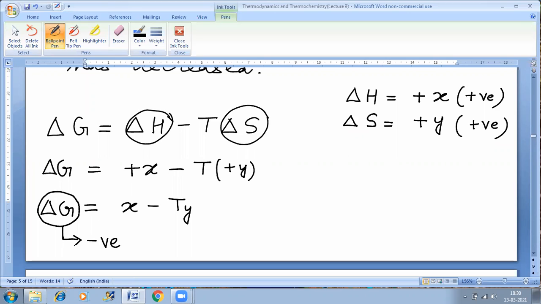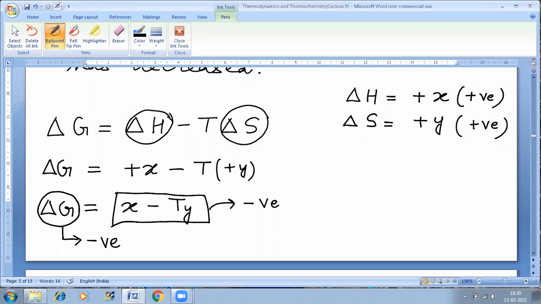So if delta G has to be negative, that means this entire thing has to be negative. So X minus Ty has to be negative. Now when can X minus Ty be negative? Because we know that X and Y are positive.